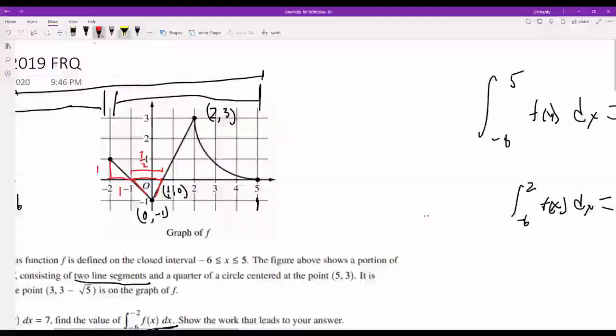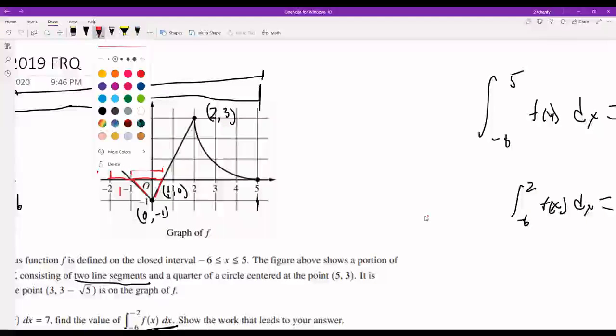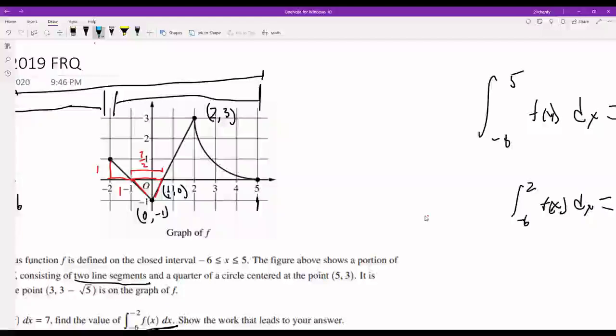Now for this final section, I'll do it in blue. We are told that it's also made of a quarter circle, centered at this point.